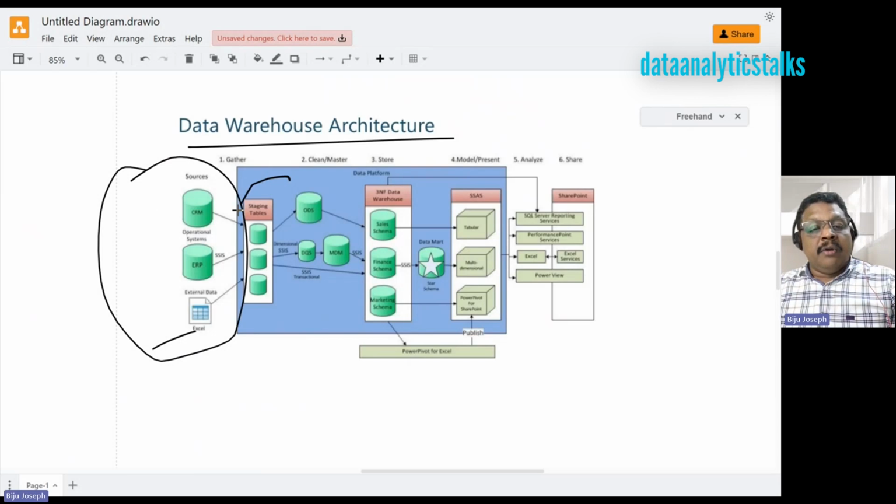Then they are all brought to a central location, which is called a staging area. Okay, so data is brought as is to the staging area.